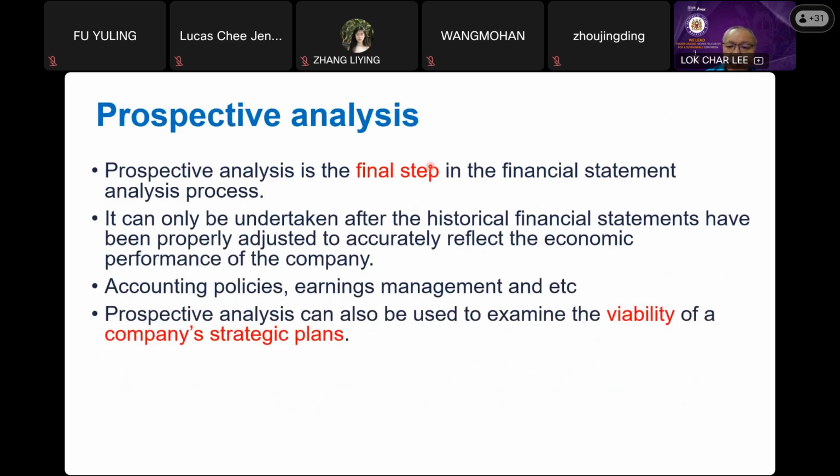So the prospective analysis. Prospect means the future. We're analyzing what is likely to happen in the future. The prospective analysis is the final step in the financial statement analysis process. We are looking at the future, so the figures are not real. Those figures provided in the budgets are not real numbers.